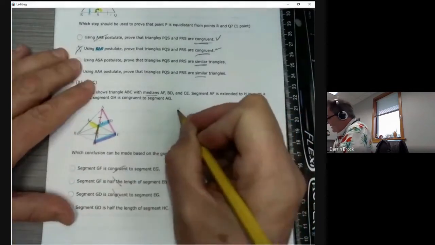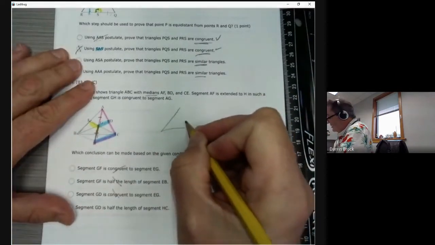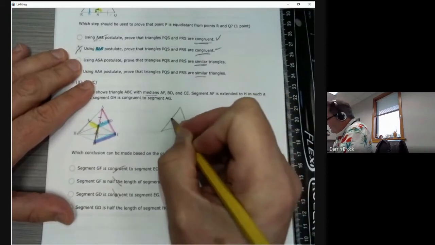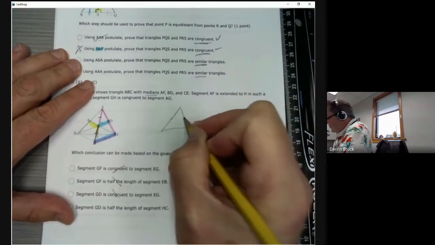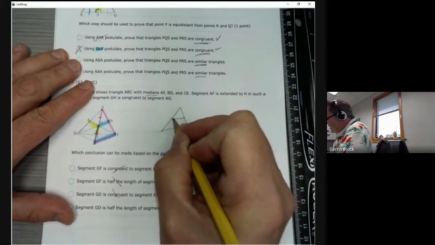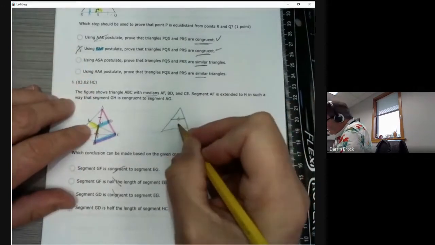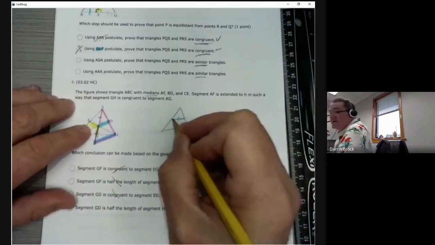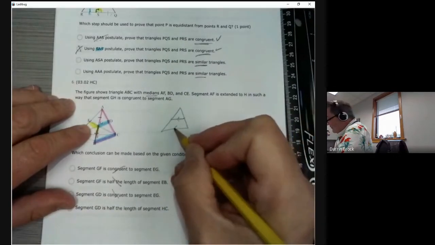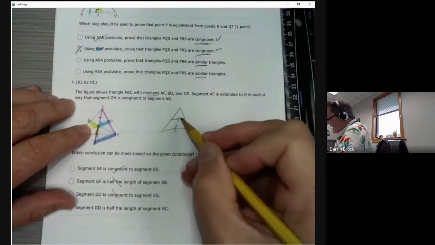In any triangle, let me draw another triangle. If we have the midpoints, and I'm saying these are midpoints, and I connect those, that tells us two things. First of all, it tells us these are parallel. It also means this is exactly half the length of that.